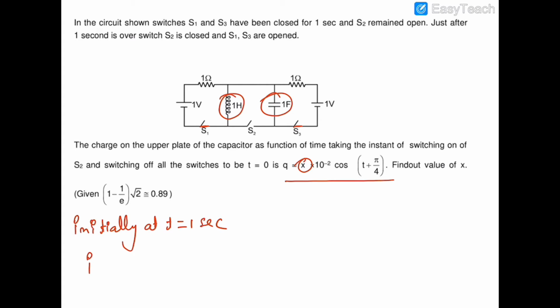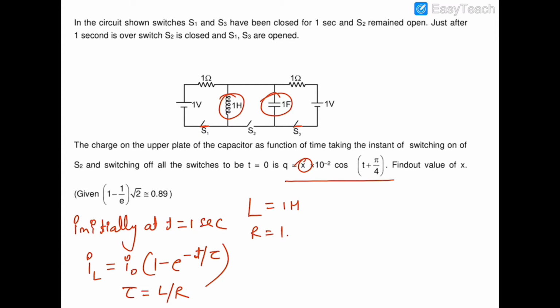So the current flowing in the inductor, I_L, will be I naught into 1 minus e to the power minus t by tau. Here tau is the time constant, and it is equal to L upon R. The value of L is given as 1 Henry and the value of R is given as 1 ohm. So L upon R, which is the time constant, is equal to 1. The unit of time constant is second.